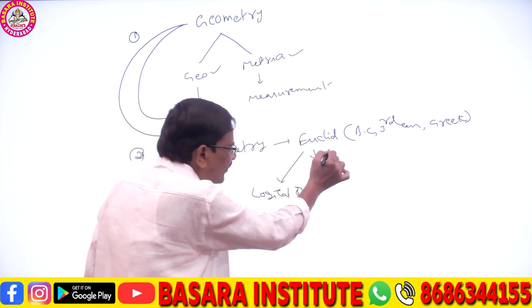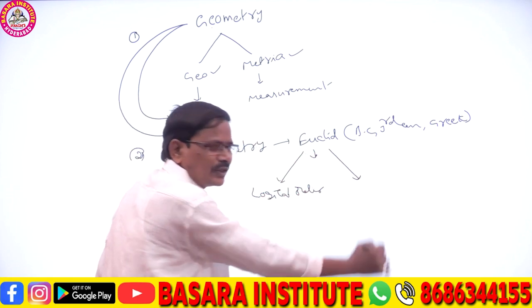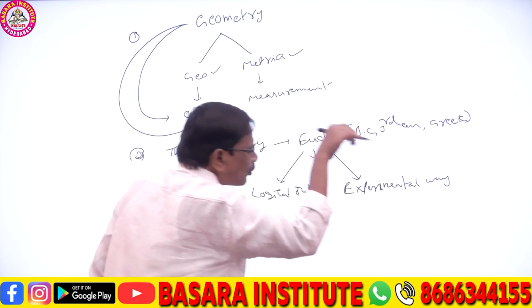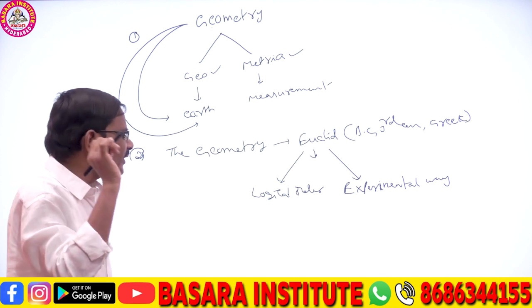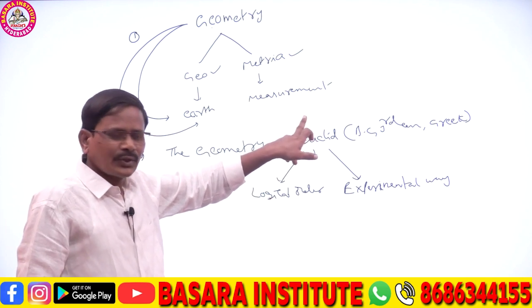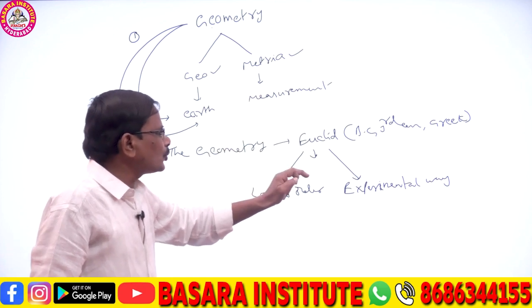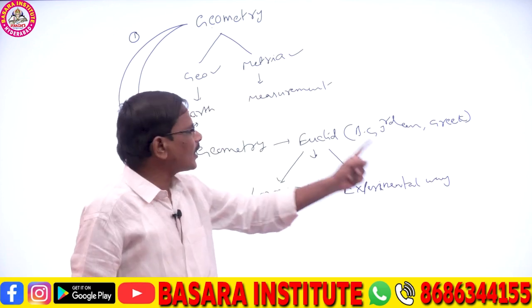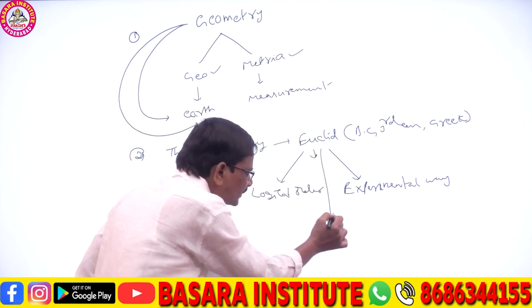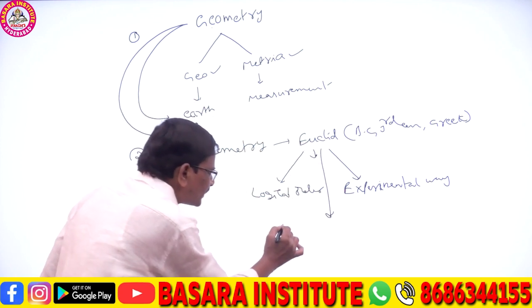And he is the first person to use geometry in an experimental way. Who is the first person to use geometry in an experimental way? He is also Euclid. And he wrote a book, that is the Elements.